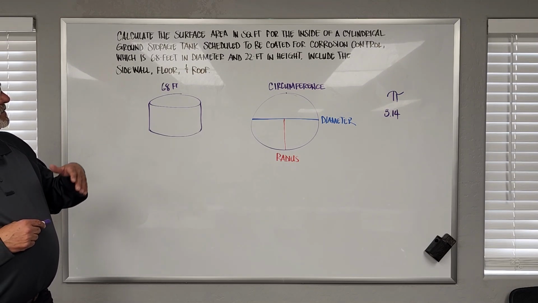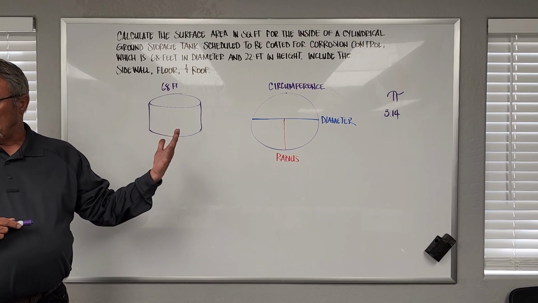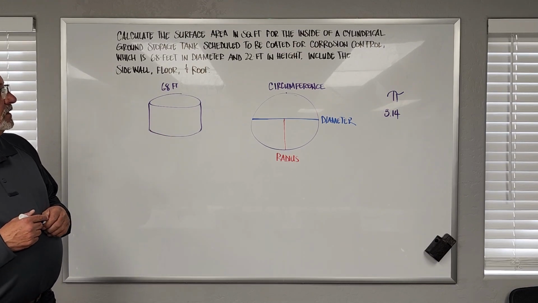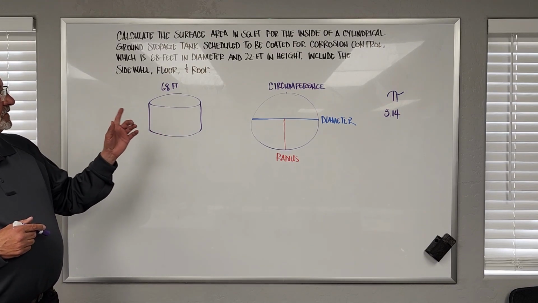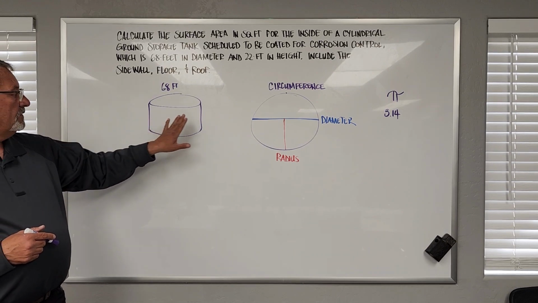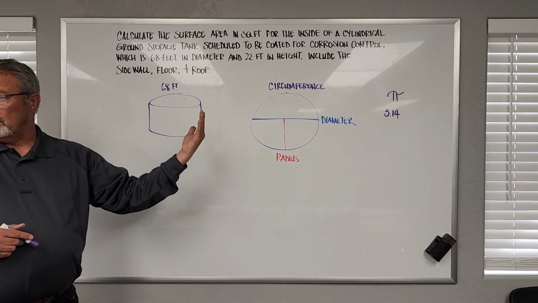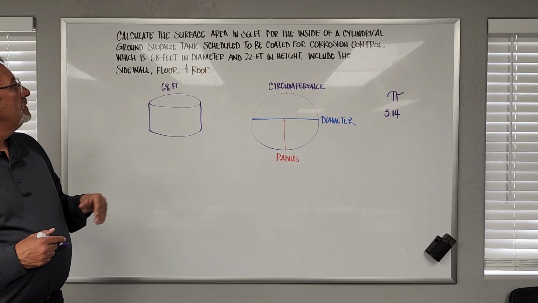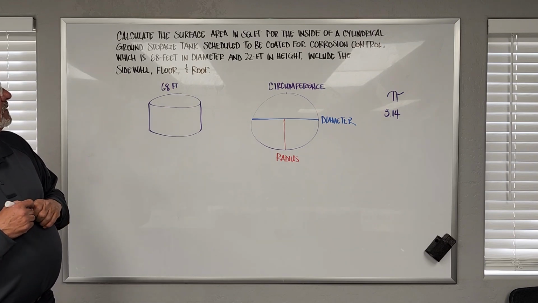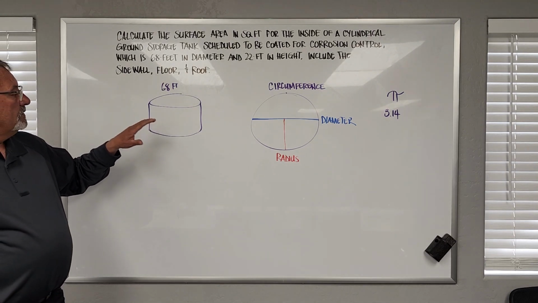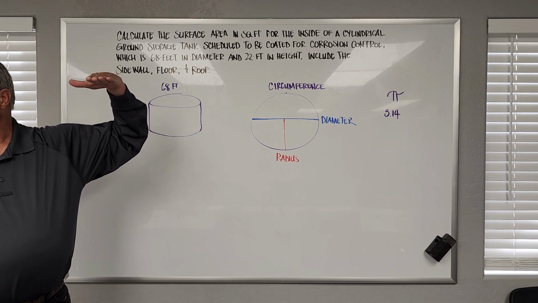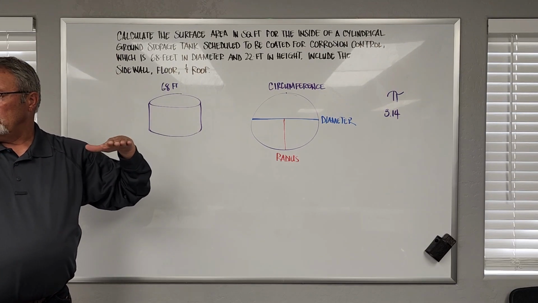So to coat the inside of the tank, we want the surface area of the sidewall, which goes all the way around, that's the circumference. We want the surface area of the inside of the roof and the surface area of the inside floor.